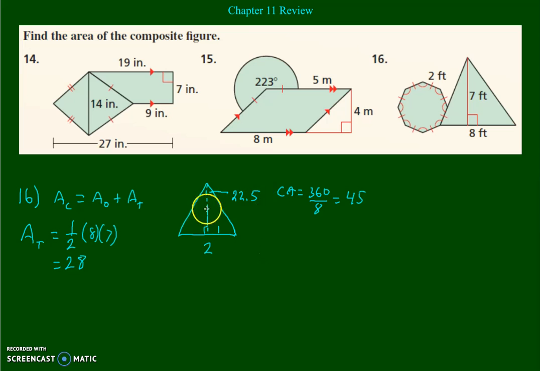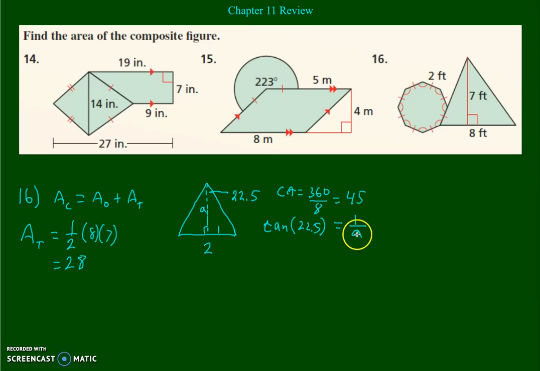Now we have to find this apothem. So that side length is going to be, looks like we're going to use tangent, taking opposite over adjacent. So tangent of 22.5 equals opposite over adjacent, 1 over apothem.